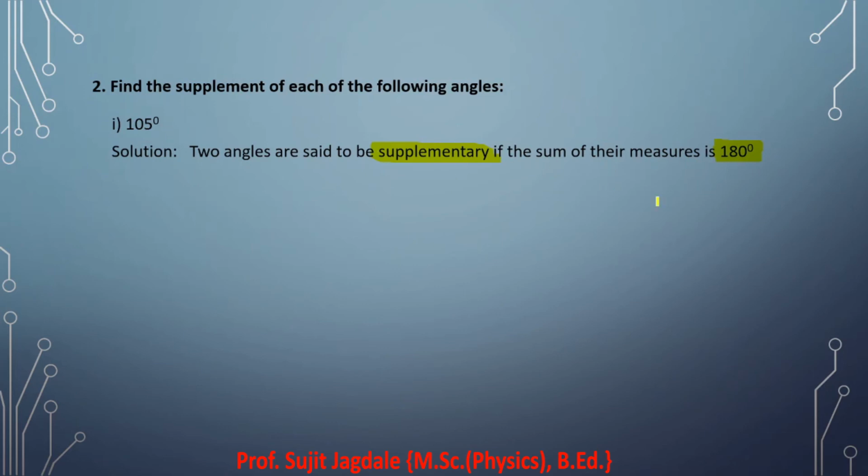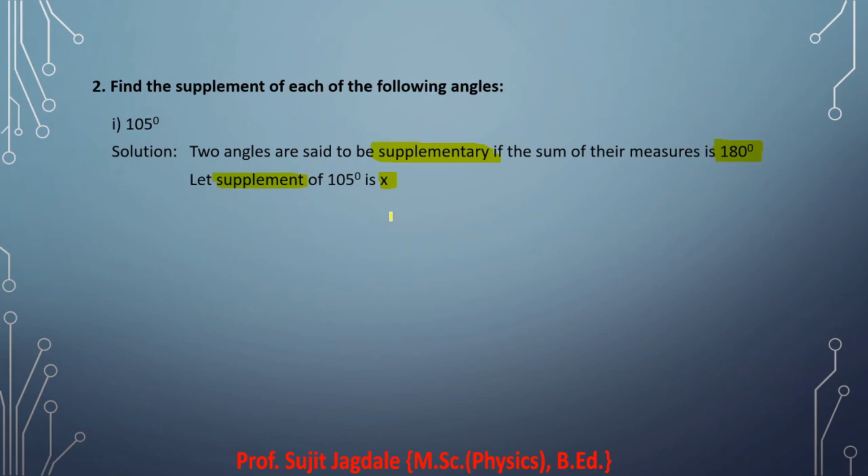Now the first step is: let the supplement of 105 degrees be x. Instead of complement we use the word supplement, because we are considering the supplementary concept whose addition is 180 degrees.